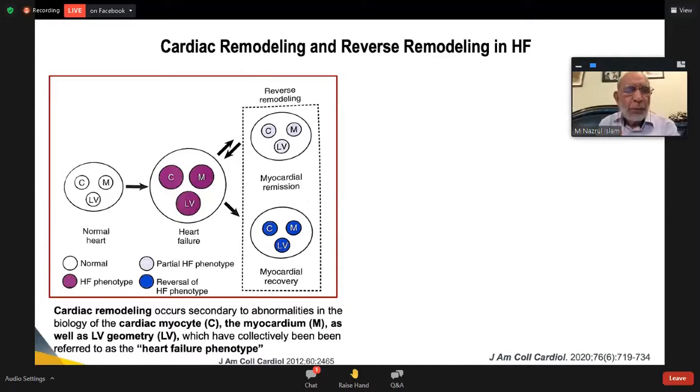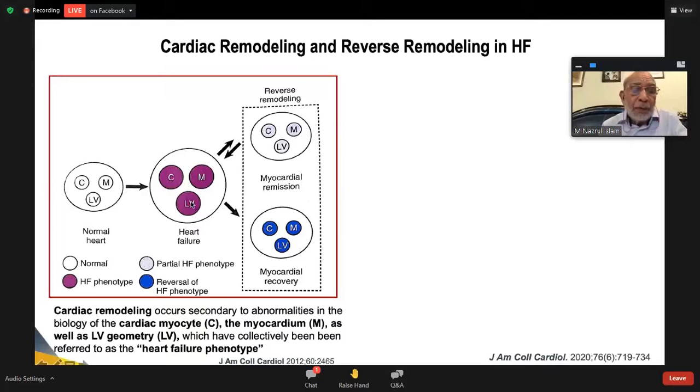Since the human body is a living body, it changes from time to time. The normal heart has normal cardiomyocytes, myocardium, and normal LV morphology. But when it fails, these three important components are reduced, and heart failure occurs.